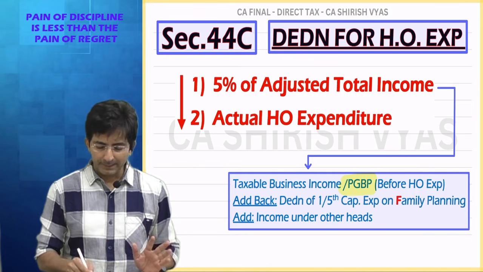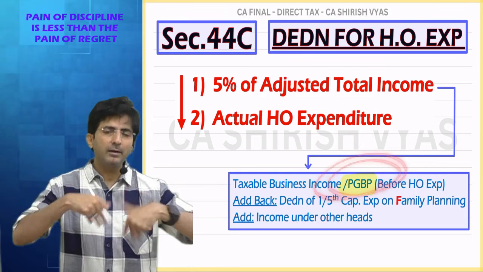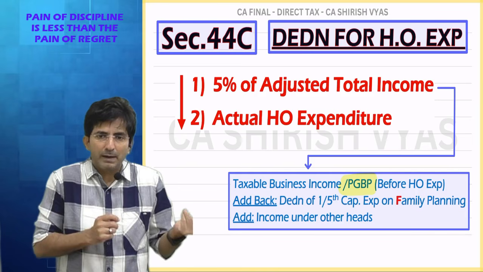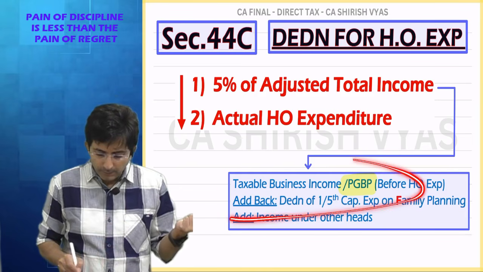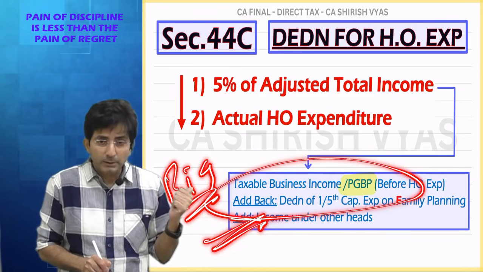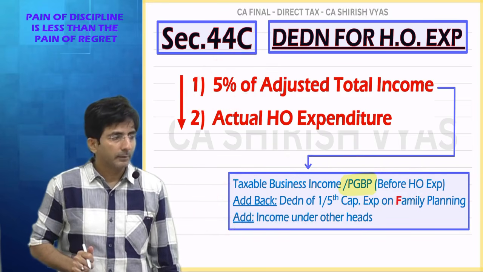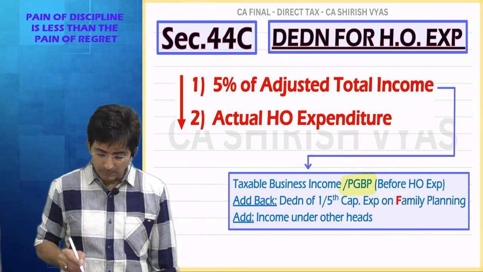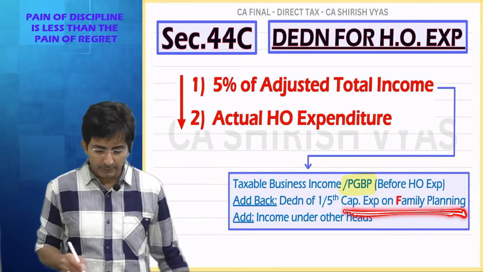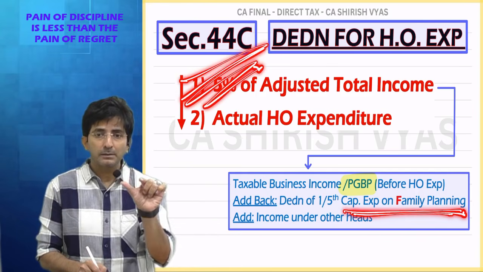So the government said that in actual PGBP you will get the deduction, but we will reverse it. So this is actually in the benefit of the assessee. Why benefit? Because if you reverse it, this figure will become bigger. And if this becomes bigger, your limit will increase and you will get more deduction. And now you will wonder, but sir, why only family planning? Actually, when this section originally started, there was one big list of add back.